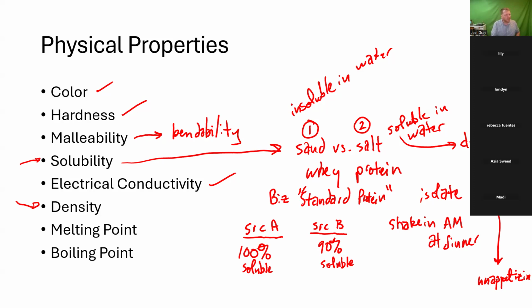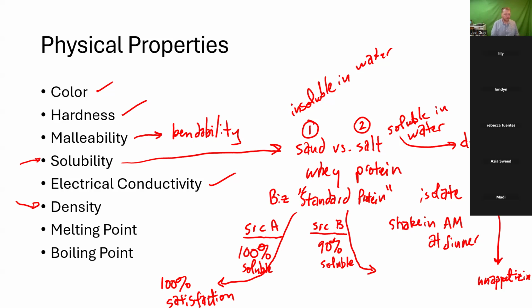Because let's say that we went to source B. Well, chances are with source A, 100% satisfaction. All your customers are going to be happy. Whereas with source B, is everyone going to be happy with the product that you made?